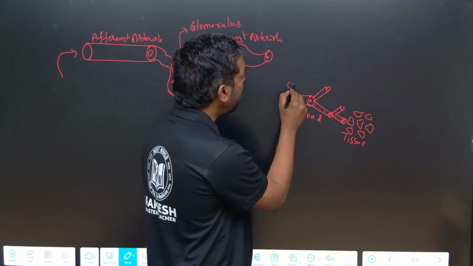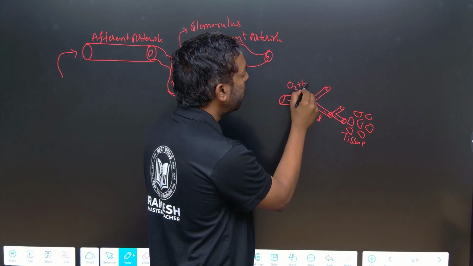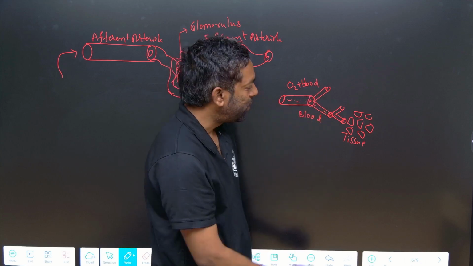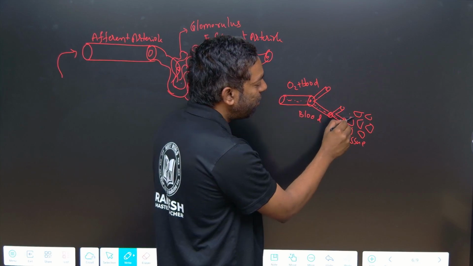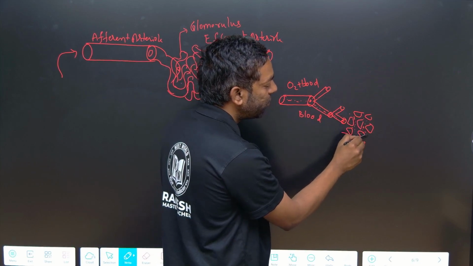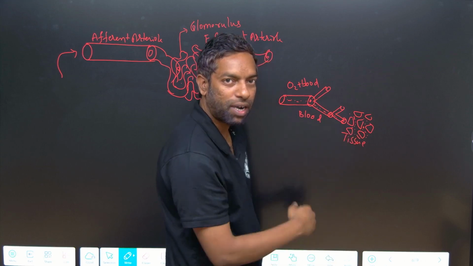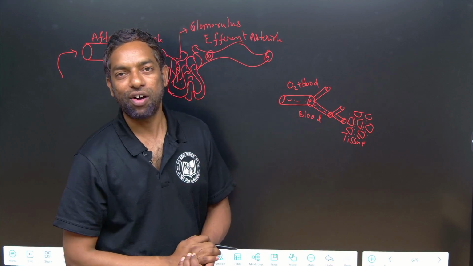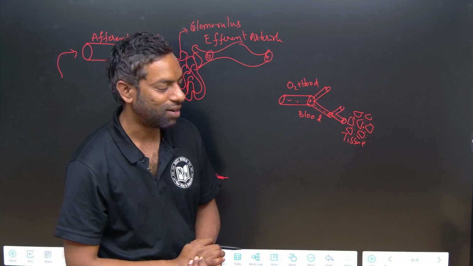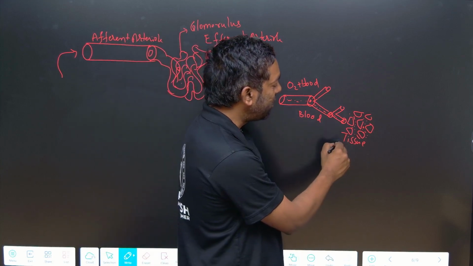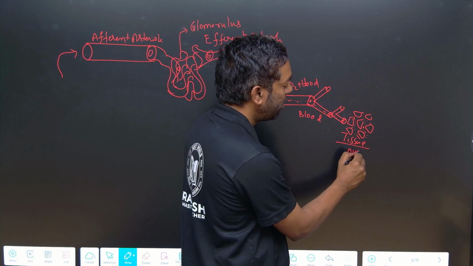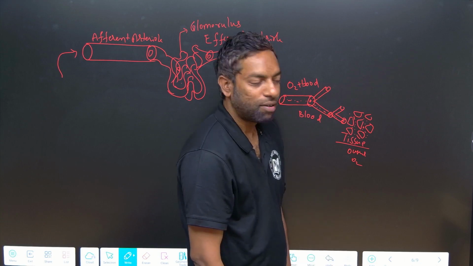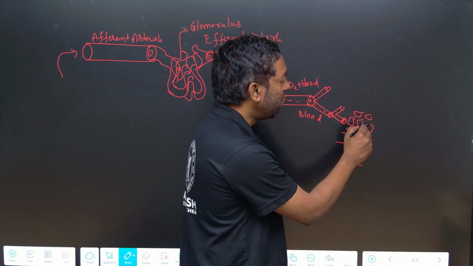Artery always carries oxygenated blood, so this oxygenated blood finally reaches the tissue. The capillary is the functional part that gives oxygen to the tissue or organ. Finally the tissue uses the oxygen in metabolic processes.